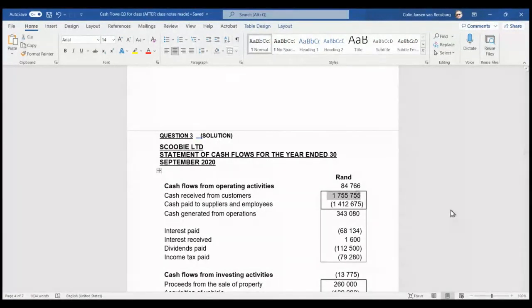Right, ladies and gentlemen, so now we need that figure. We need the amount of money that we have received from our various customers, either from our debtors paying their accounts or from cash sales.